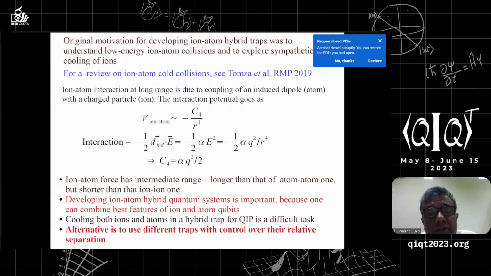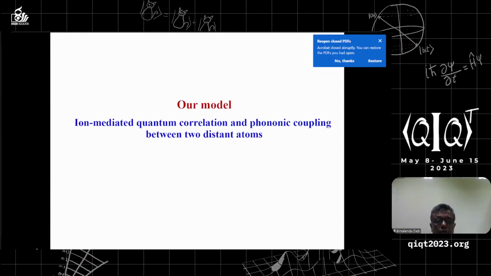So now we move to our model. In our model, we will discuss ion-mediated quantum correlation and phononic coupling between two distant atoms. When we say distant atoms, distant means of the order of 10 microns or even more.